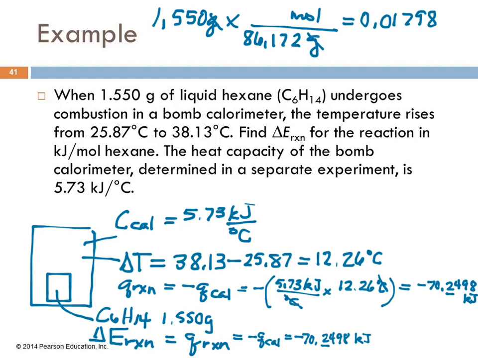This should have 4 significant figures, and I'll throw the 7 in there for good measure. And that is moles. We had this many moles of hexane. It generated this quantity of heat. So if we want to know how many kilojoules for 1 mole, we take this amount of kilojoules and divide by the number of moles.